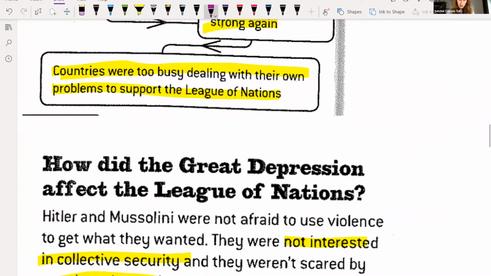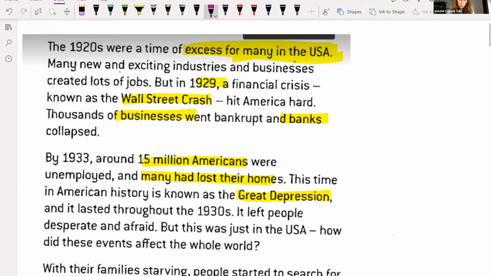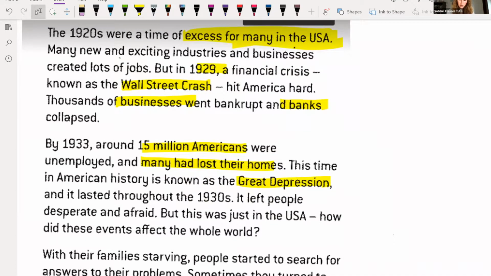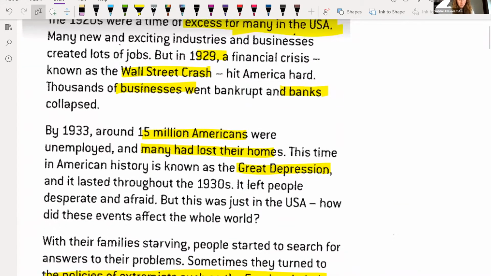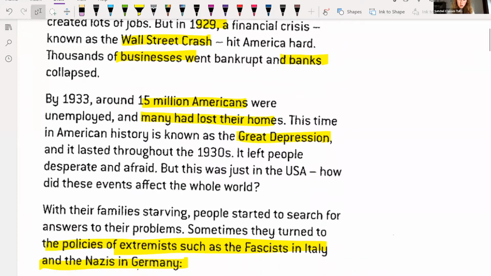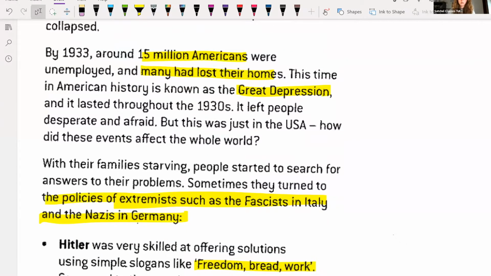So if we have a look, I would start this answer with the overview by talking about the Wall Street crash. So if we're looking for 2 reasons that the depression led to the rise of the Nazis, we need to talk about the effect that the depression had on the people of Germany, and therefore what Hitler promised them.